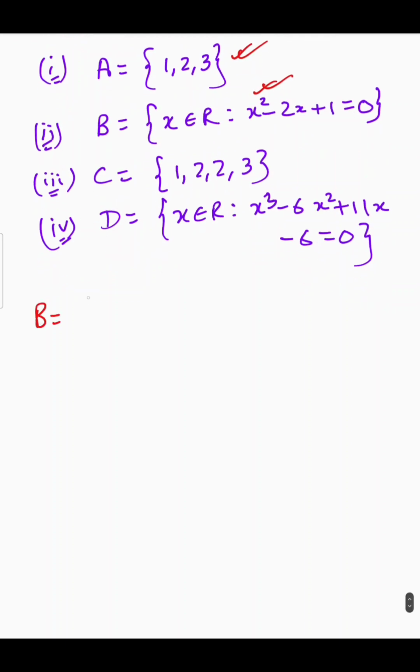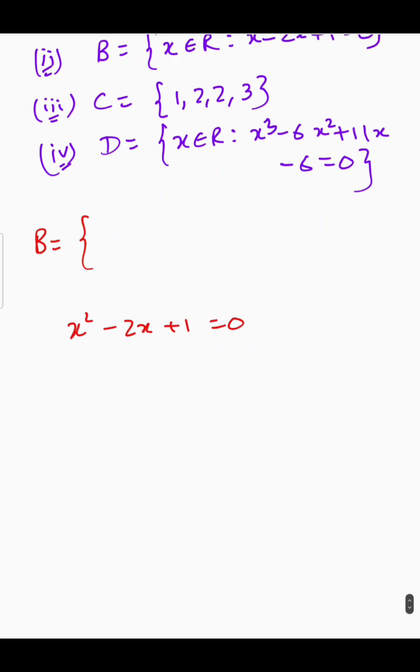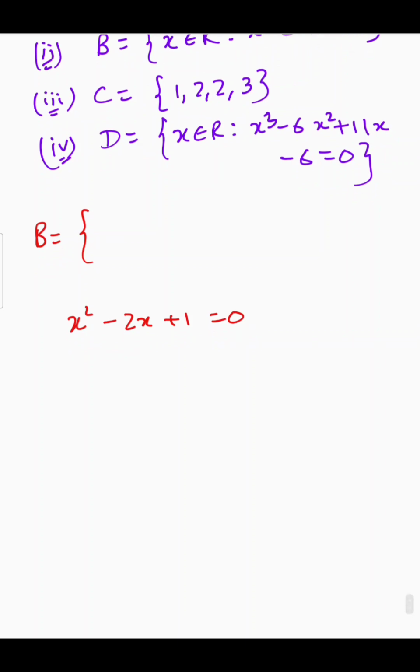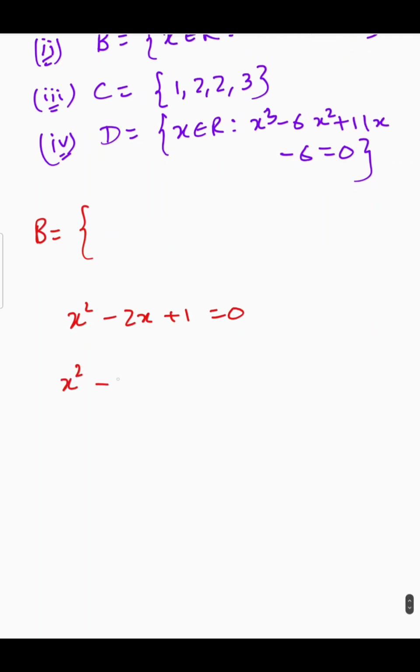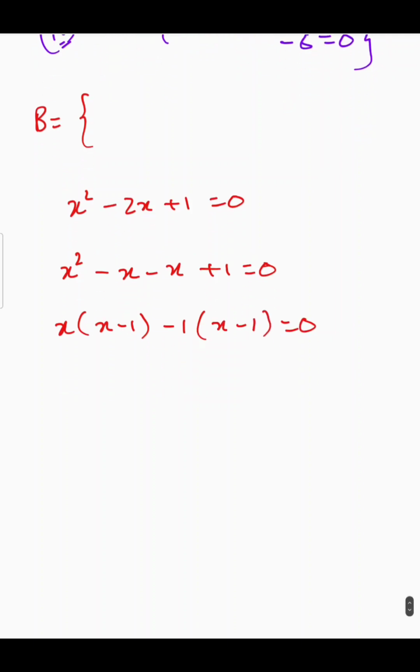What will be the set B? Let's see. x square minus 2x plus 1 is equal to 0. So x square minus x minus x plus 1 is equal to 0, which gives (x minus 1) into (x minus 1) is equal to 0.